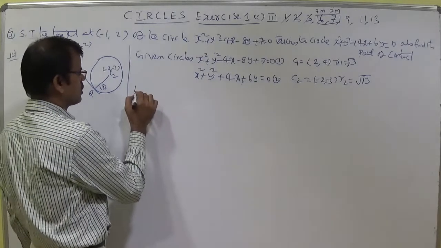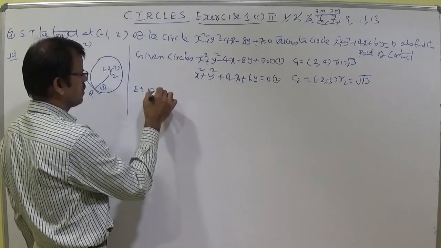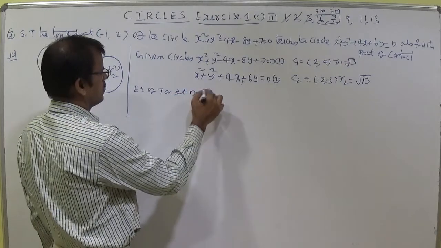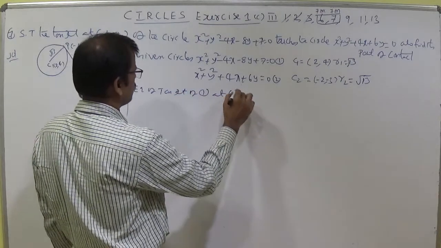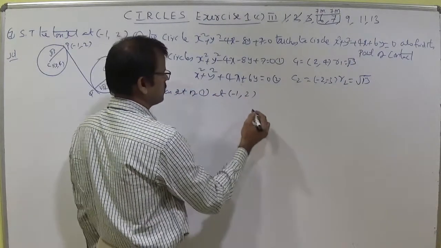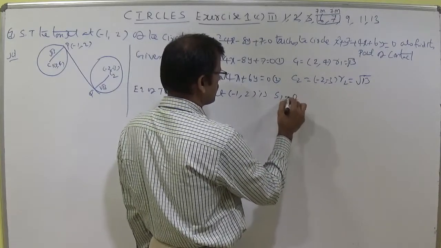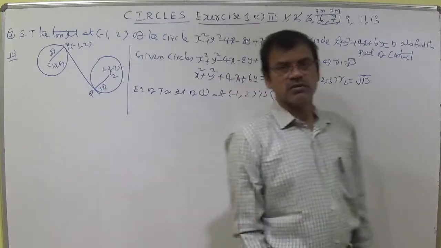Now I am writing the equation of tangent at (-1, 2). I want you to remember the equation of tangent formula, S1 = 0.